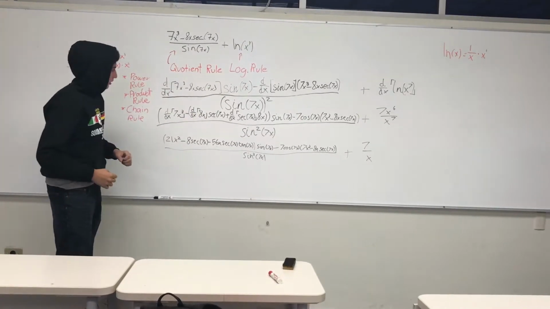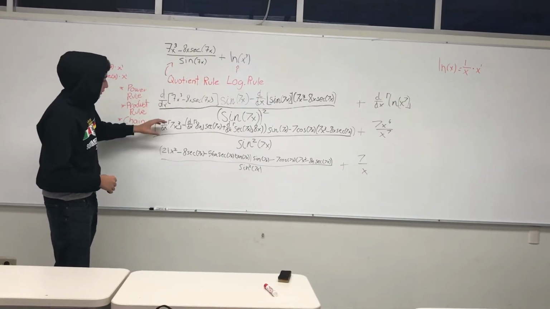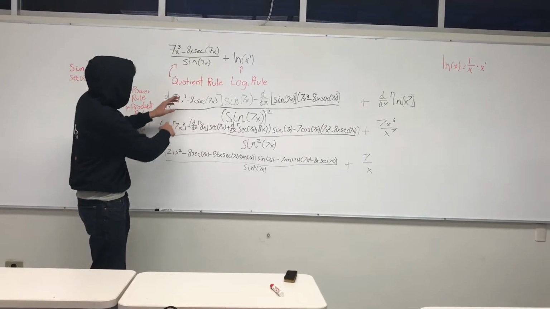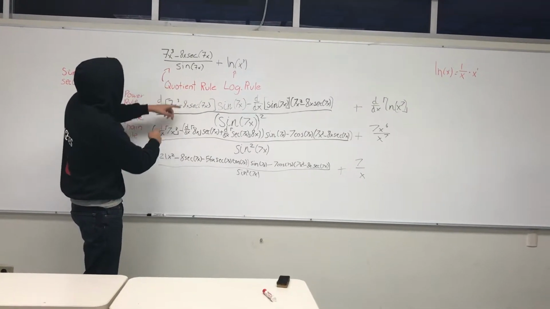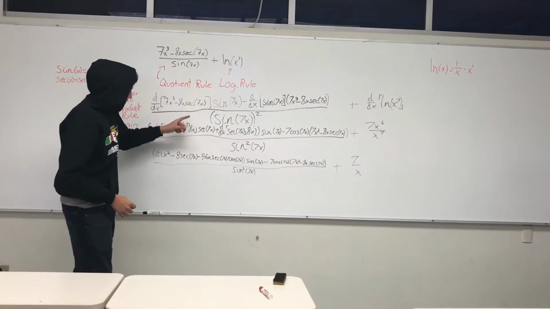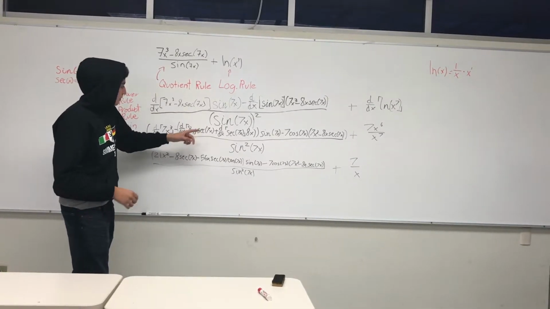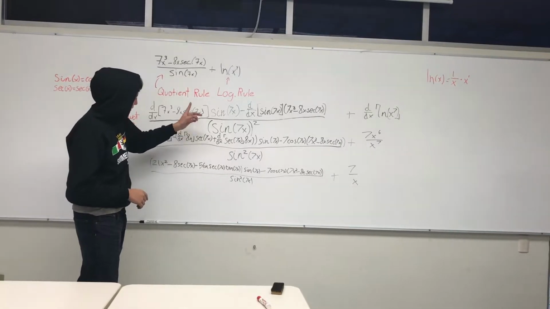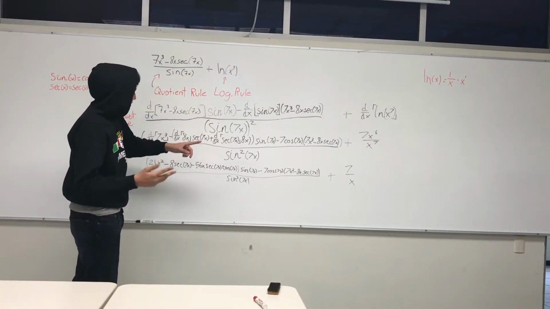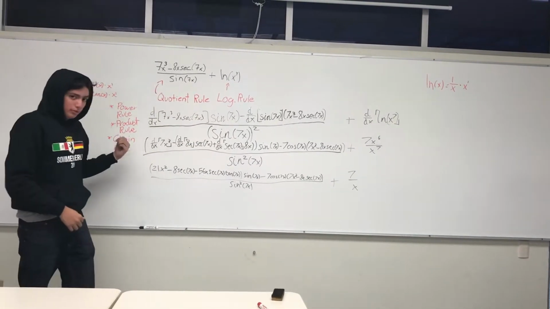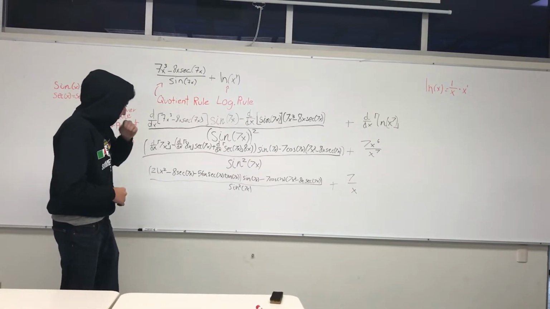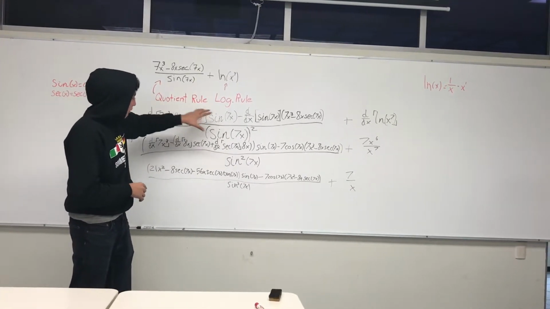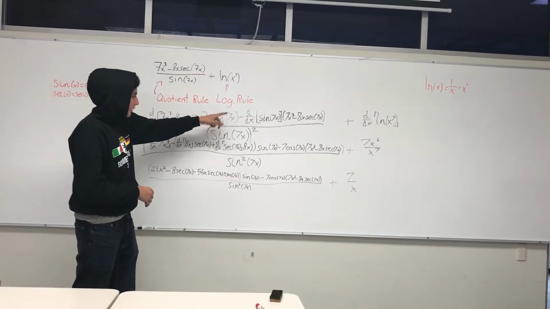Here with 7x cubed, we will have to find the derivative of that one, and then subtract the derivative of 8x times the secant of 7x plus the derivative of the secant 7x times 8x. This is because of the product rule. And now we multiply all of that by sin of 7x.